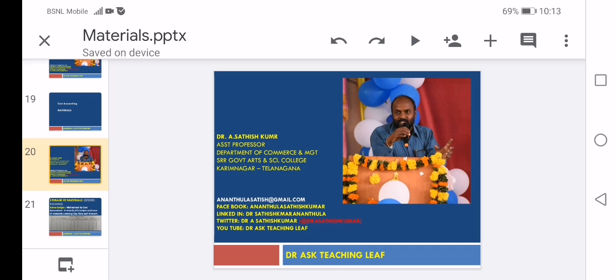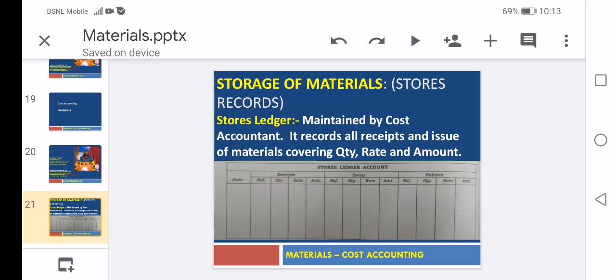Let us start with the very first one, storage of materials or stores records, in which bin card is already covered in session 1.